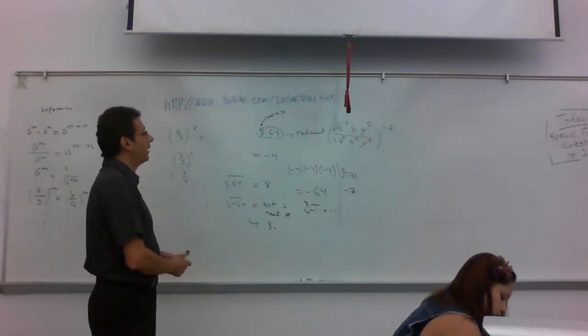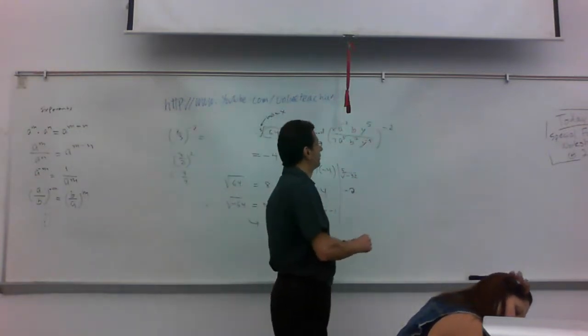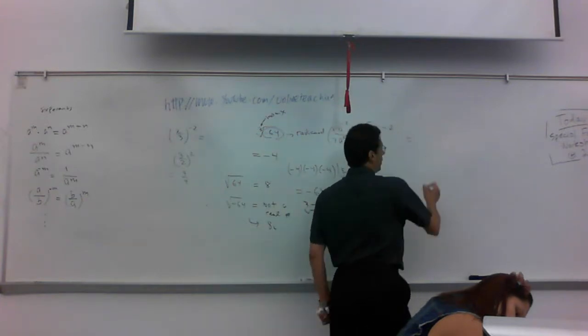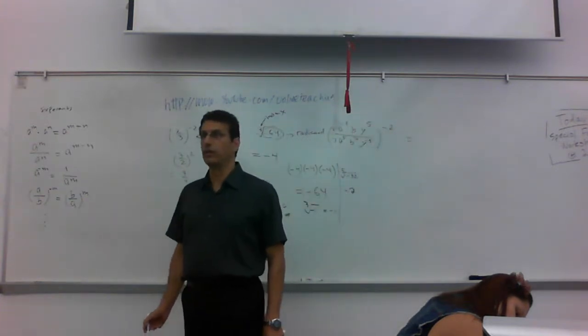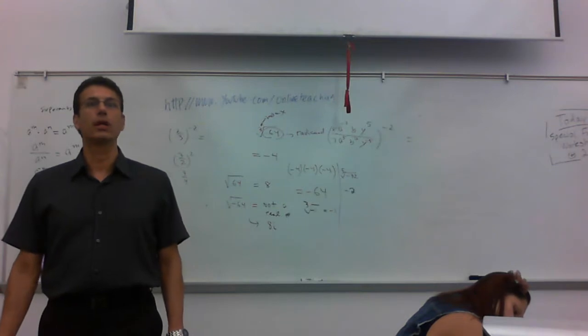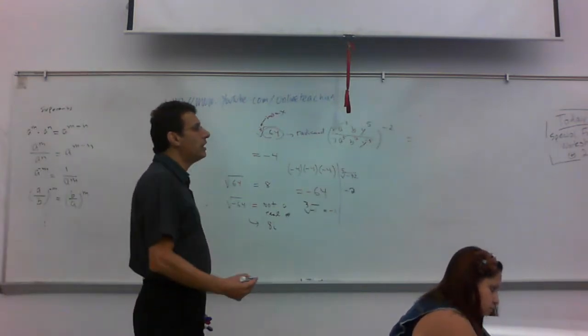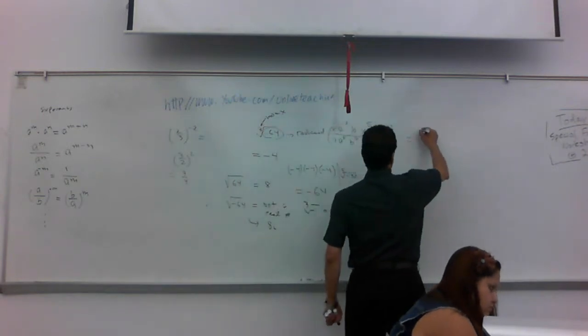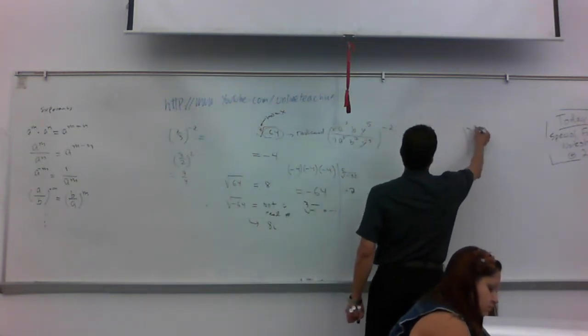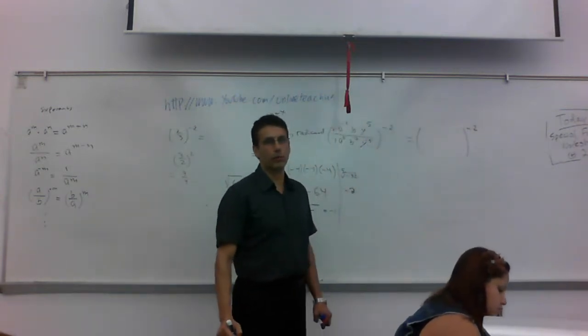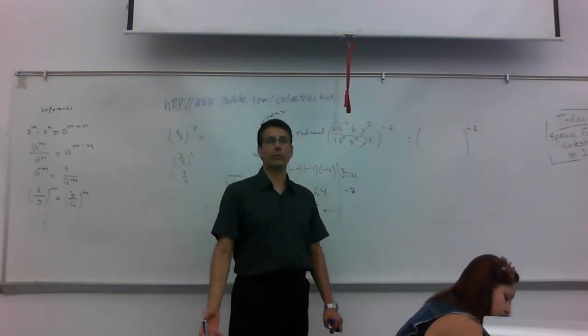Let us look at this example that I put up. Now, there are a number of ways to do it because you have been exposed to many exponential rules. And to me, the simplest way that I can do that would be using the order of operations. What does order of operations tell us?